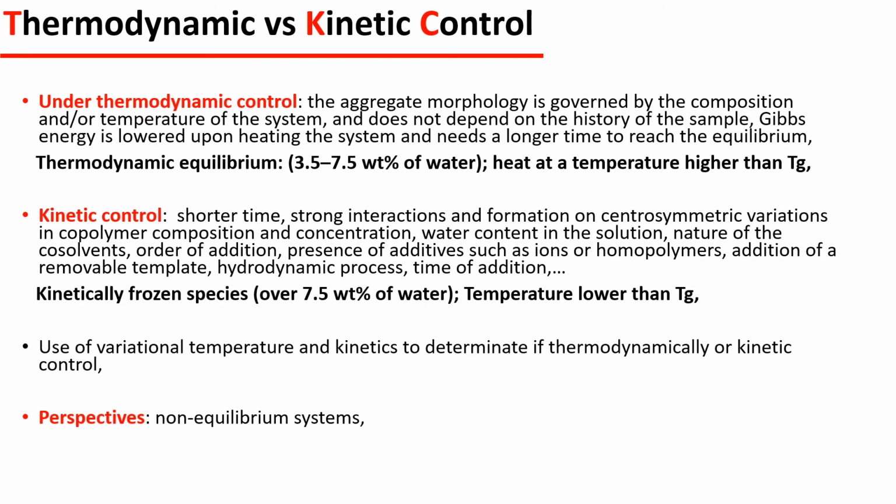To be in a kinetically controlled process, it's better to add over 7.5% water content and to heat at a temperature lower than the Tg.